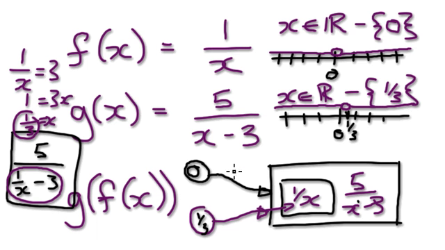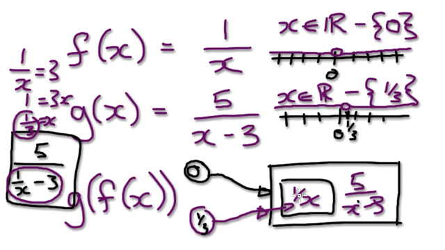Now, if you put 0 into the inner machine, it breaks down, but 0 wouldn't actually break down the outer machine. If you put a third in, it works fine for the inner machine, but it will break down the outer machine.